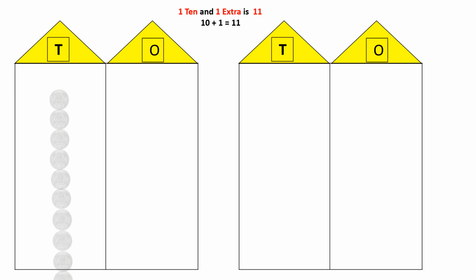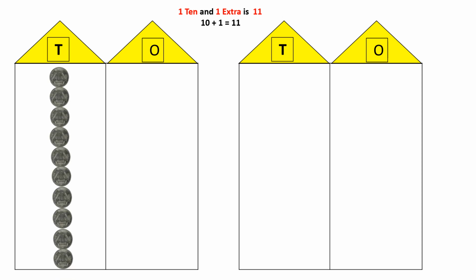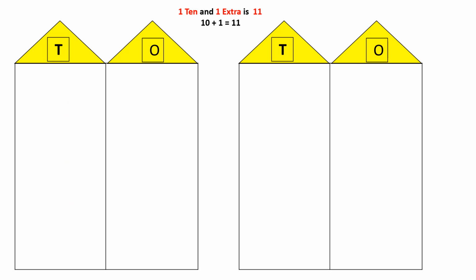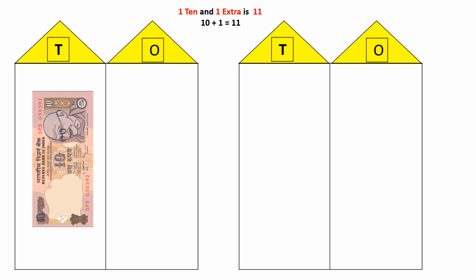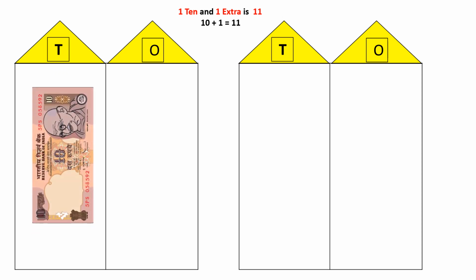Now at home, when you practice with money, the coins, if you have 10 coins in 10's house, you replace it with 1 ten rupee note. And do you see anything in one's house? No. Is there anything extra?